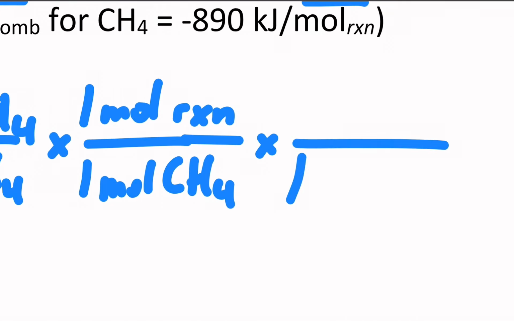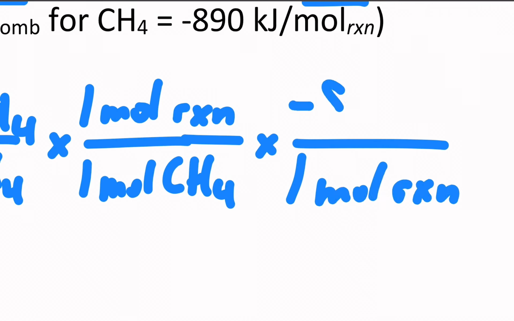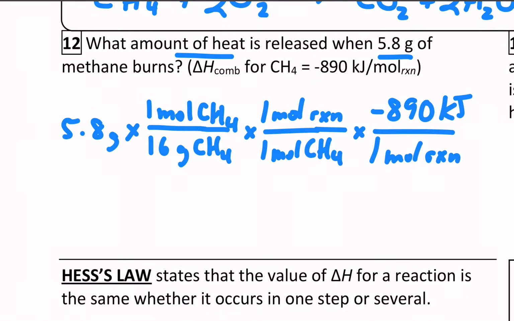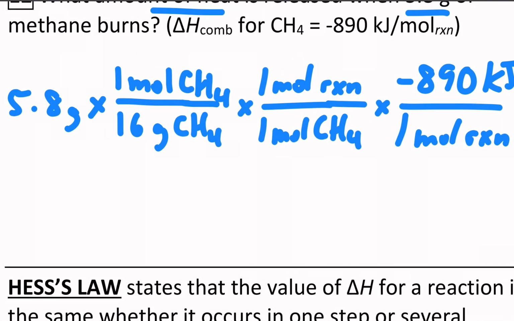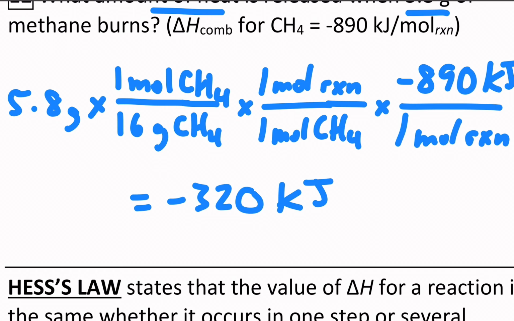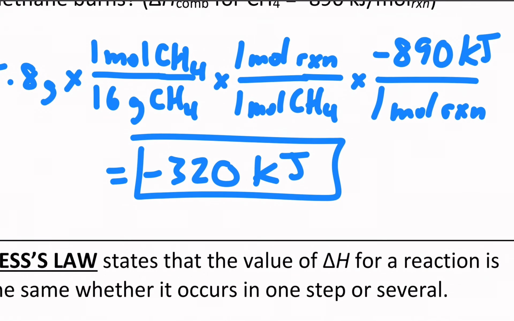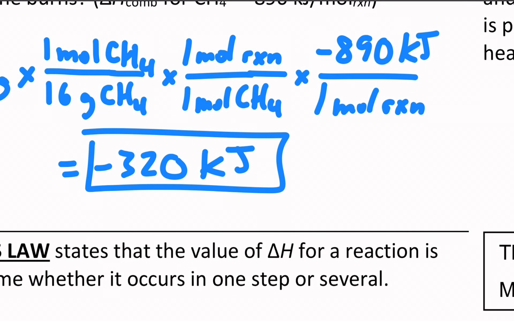And then we can say for every 1 mole of reaction, there's negative 890 kilojoules involved, because that value goes with the whole thing, and we're trying to isolate it down into just what happens with methane. So you plug the numbers in and you round to 2 significant figures, you get negative 320 kilojoules as an absolute amount, no longer per mole. And that negative sign means heat is released.